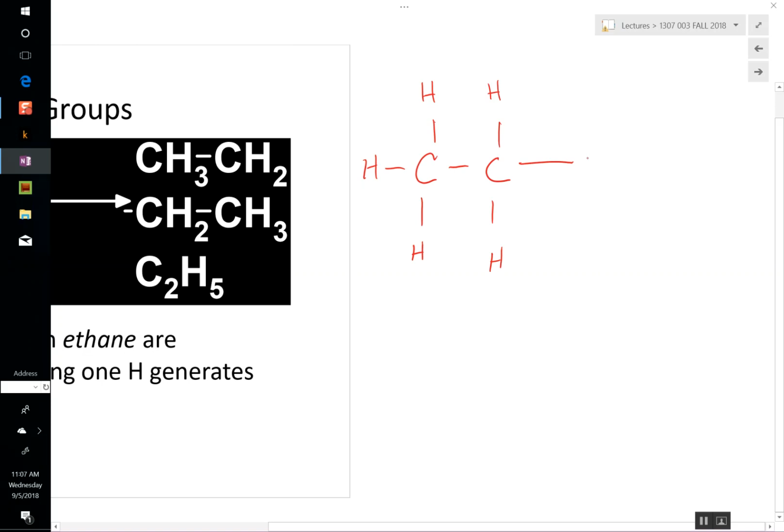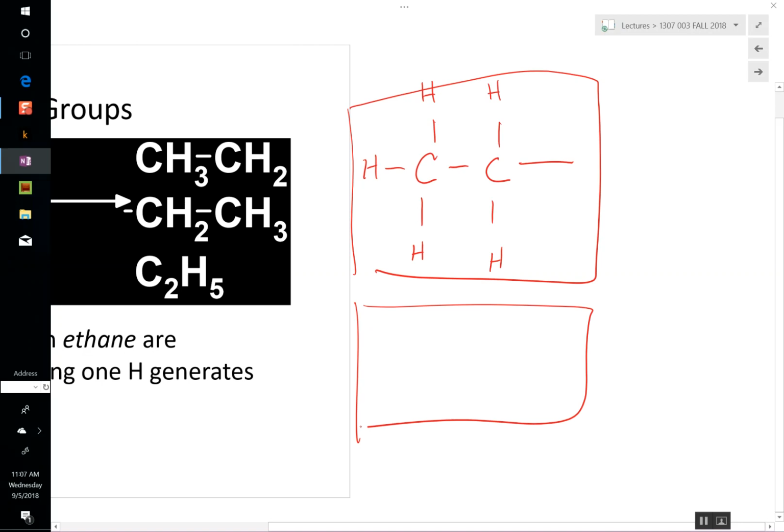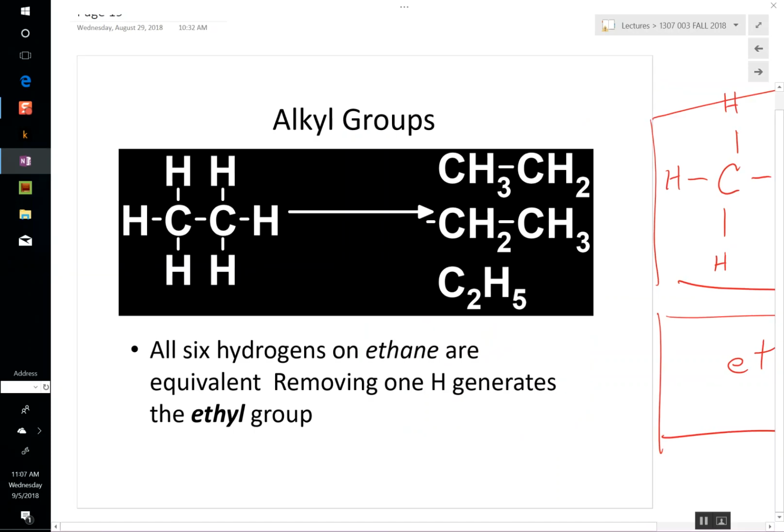I would suggest you have a 3x5 card. On one side you have that, and on the other side you have its name. You're going to see all of these have a YL ending. Ethyl. Don't confuse it with ethane. That is ethane, an alkane. This is an ethyl substituent.